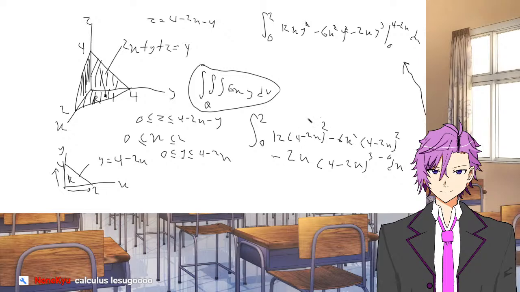So if you manage to expand this, the 4 minus 2x bracket squared and 4 minus 2x cubed, you can just integrate like a normal single integral, with respect to dx. So yeah, that's how you do it.